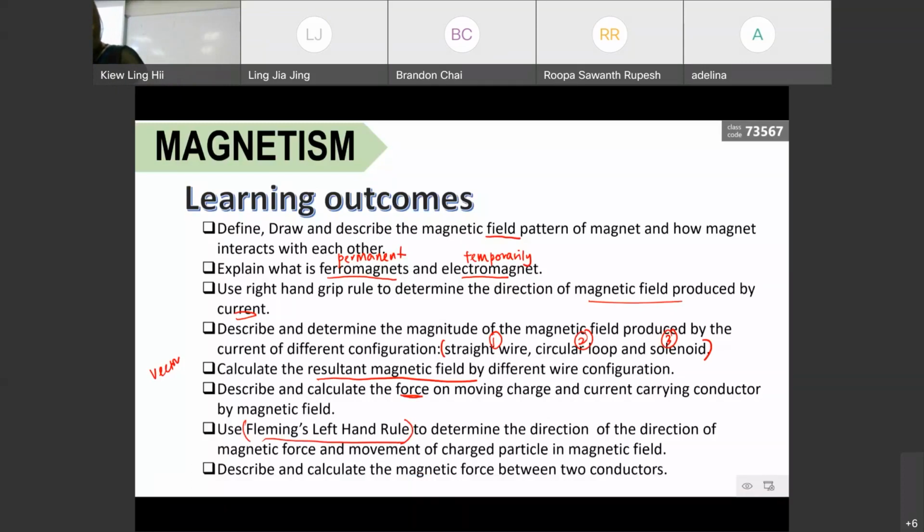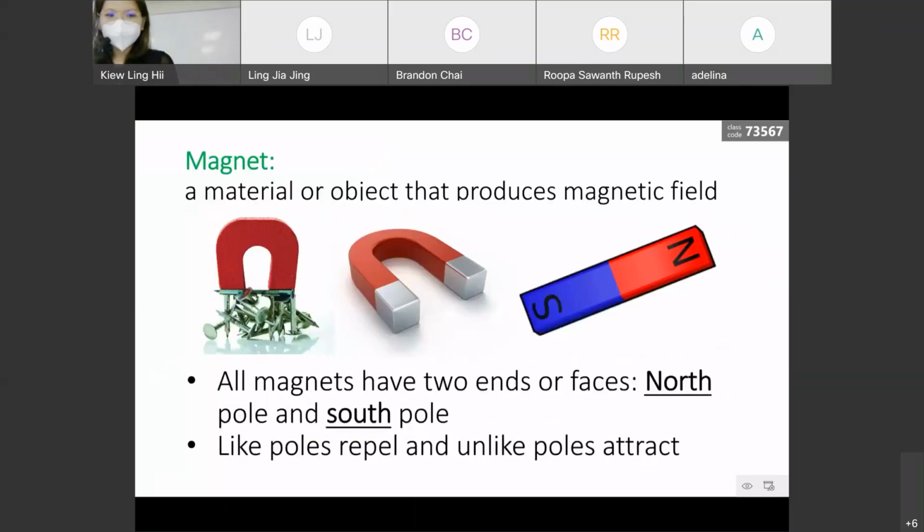And also when we have two conductors, what will be the resultant magnetic force as well? So in this topic we will learn about the characteristics of a magnet, magnetic field and magnetic force.